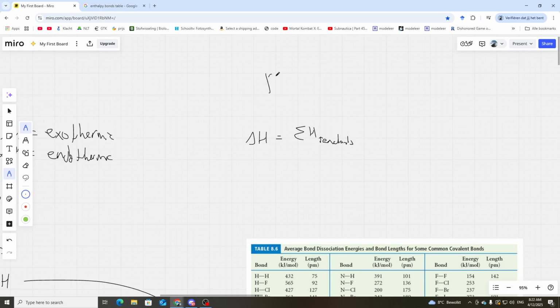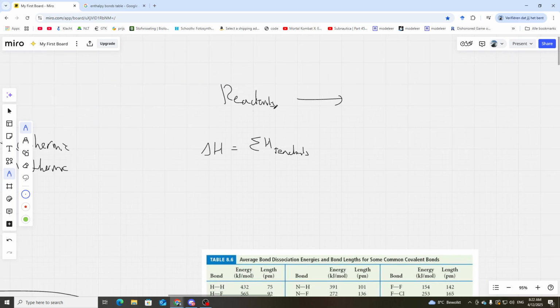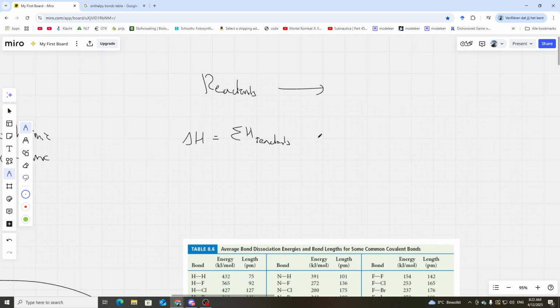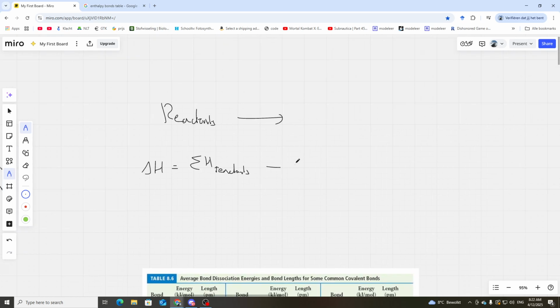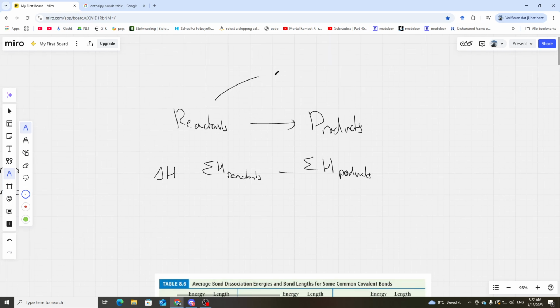And remember, reactants means before the arrow in a reaction, right? Reactants are over here. So the sum of the enthalpy of my reactants minus the sum of the enthalpy of my products. And remember, products are on the other side of that arrow. Reactants turning into products in a reaction.